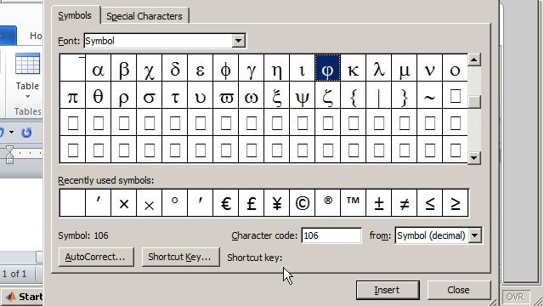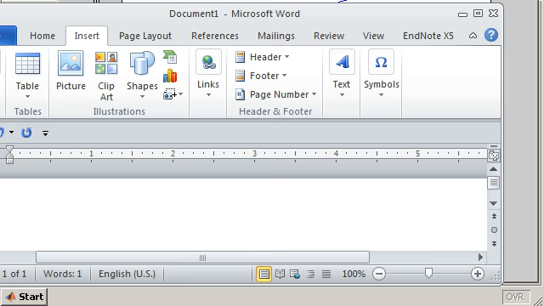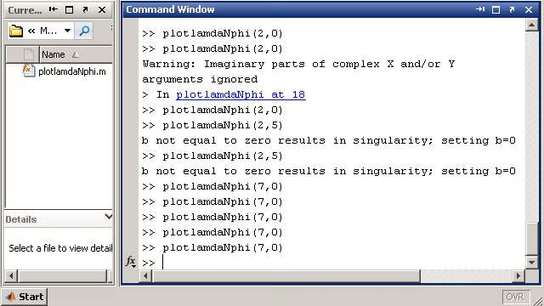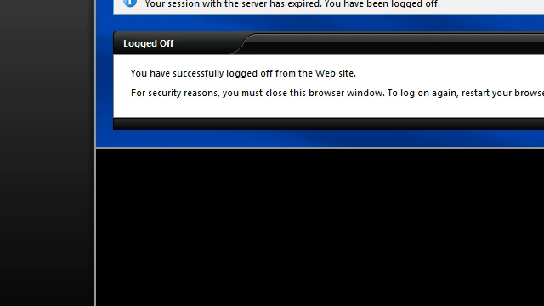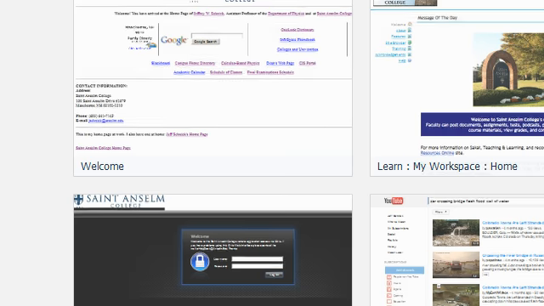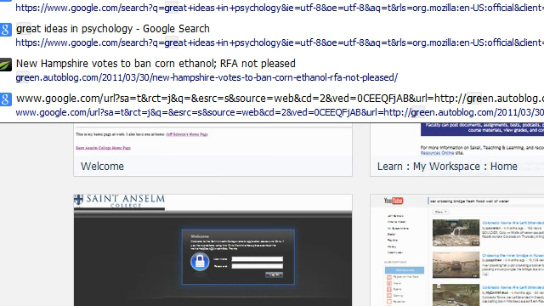And so I'm going to try, that didn't work. We'll try Greek letter names.